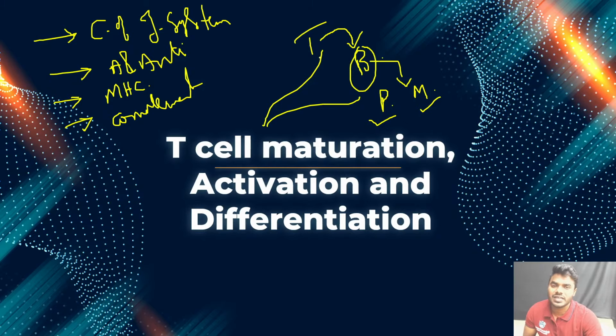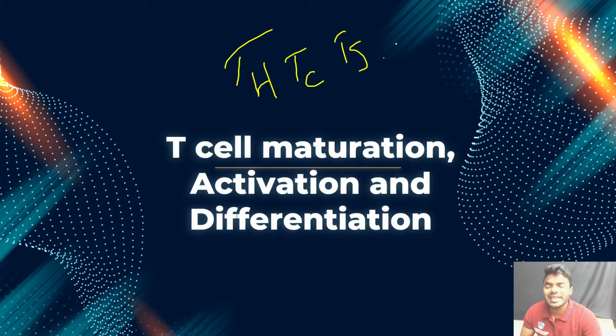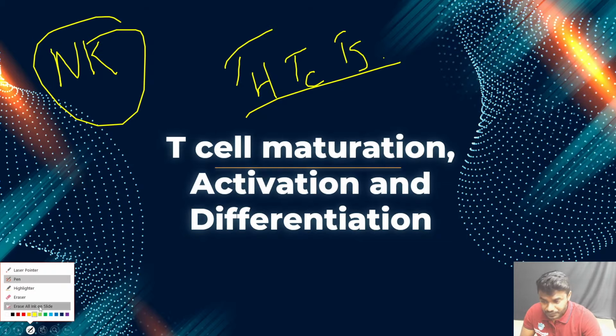That is the reason, friends. Always remember that. First we have to read how the T cell is maturing, how the T cell is activating, and most importantly, how the T cell is getting differentiated into T helpers, T cytotoxic, and T suppressor, and how they show their mechanism of action. Along with the T lymphocyte, we should also read another type of lymphocyte, the natural killer cell, and how it shows its mechanism.